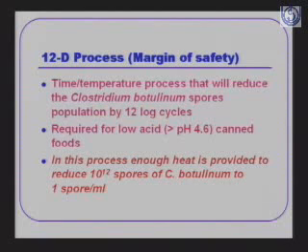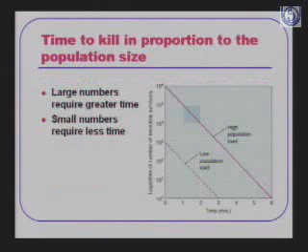This is because you have to prevent the growth of microorganisms such as Bacillus coagulans. So this is the time temperature process that will reduce the Clostridium botulinum spore population by 12 log cycles. Like D value is by 1 log cycle, you are applying 12 Ds, that is reduction by 12 log cycles. And in this process, enough heat is provided to reduce 10⁻12 spores of Clostridium botulinum to 1 spore per ml.